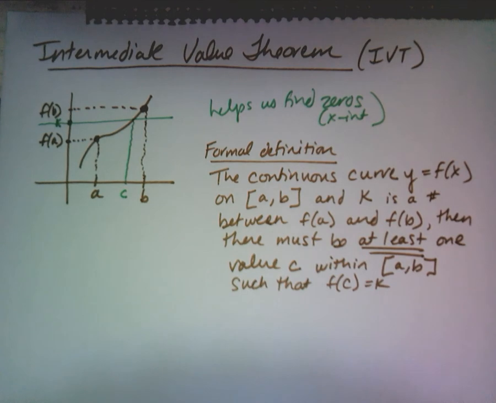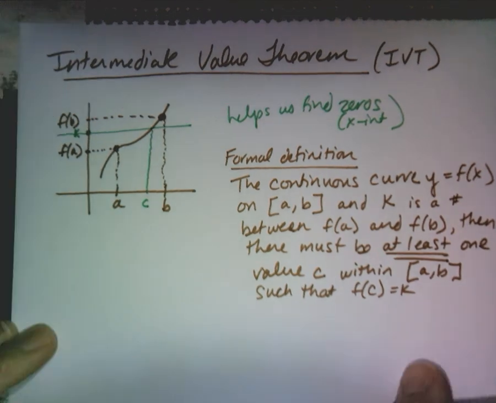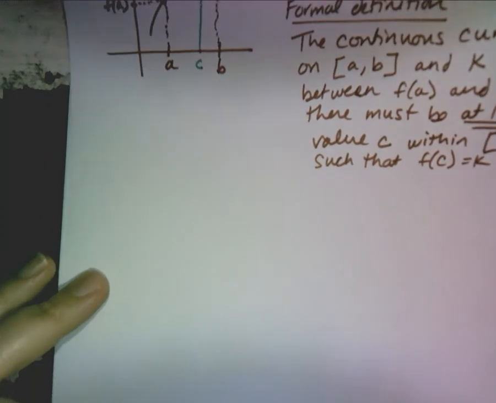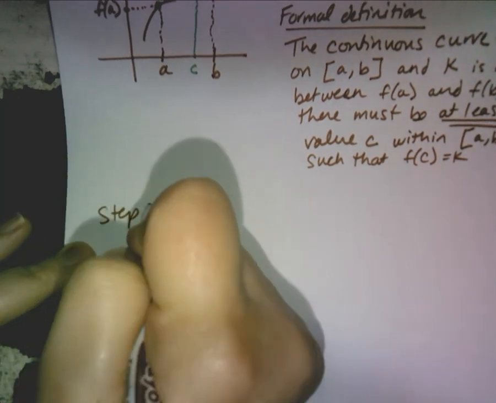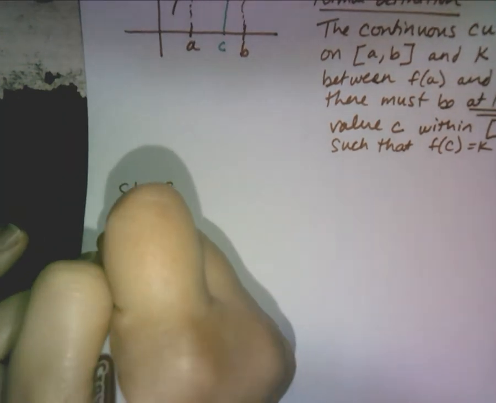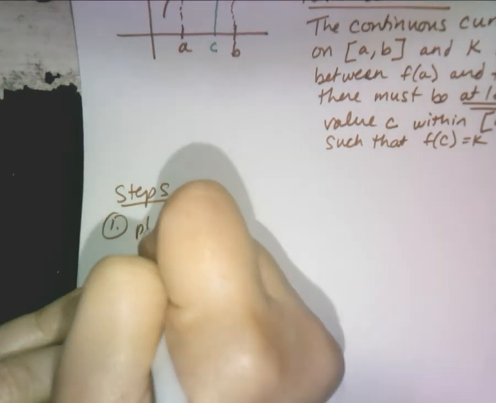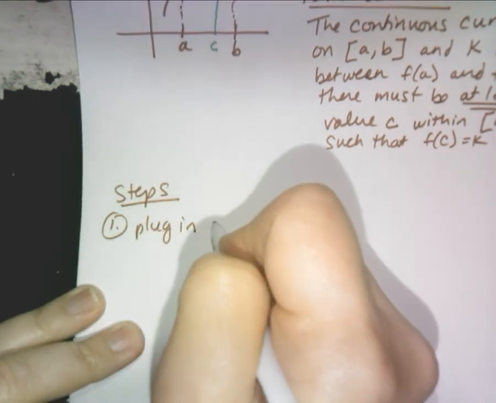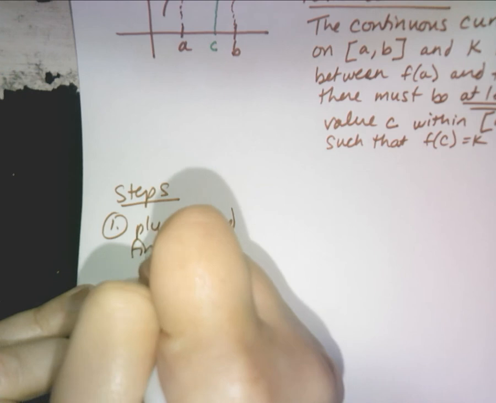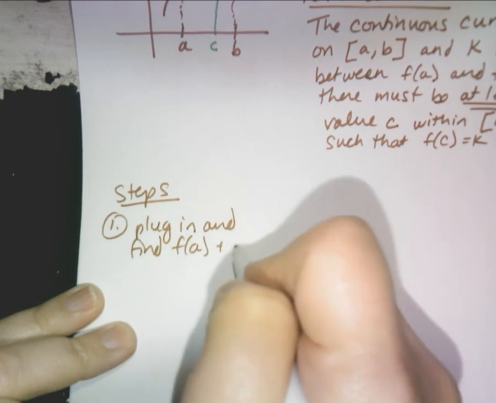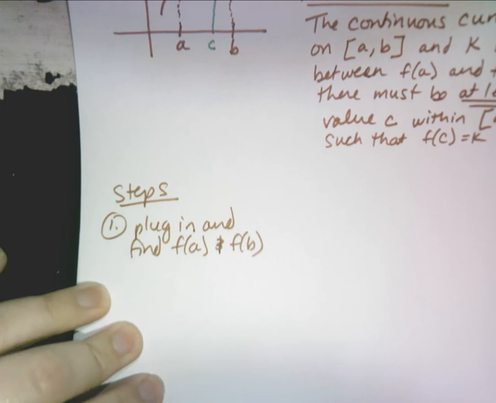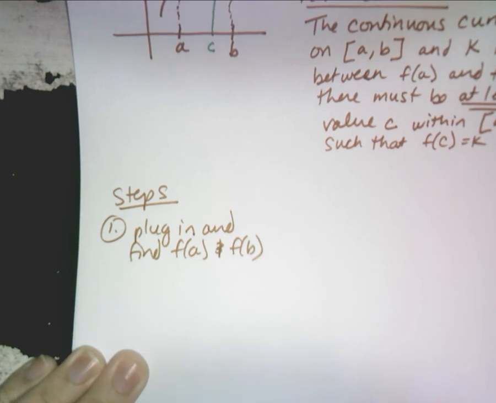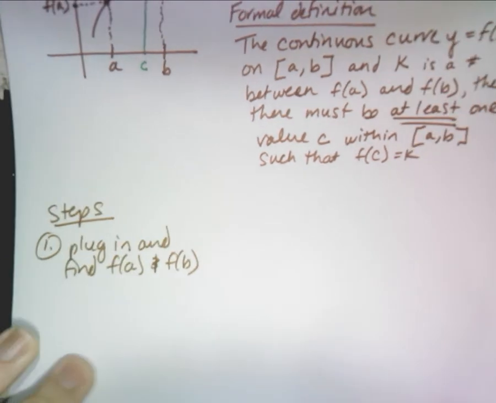So if you bear with me, and I'm going to write it down because I need more room than what they give me here. Okay, so these are the steps. Step number 1, plug in and find f of a and f of b.